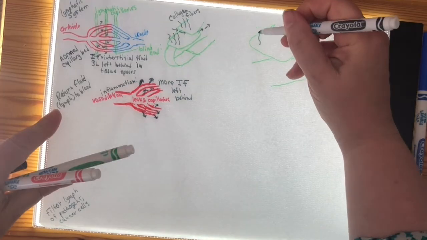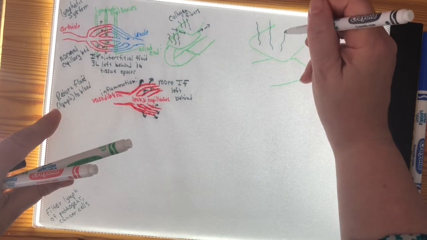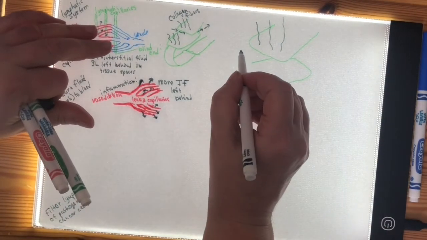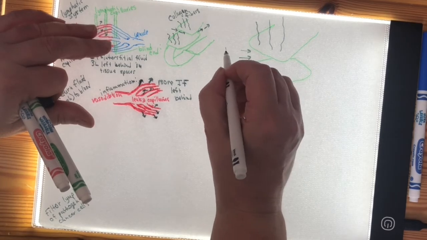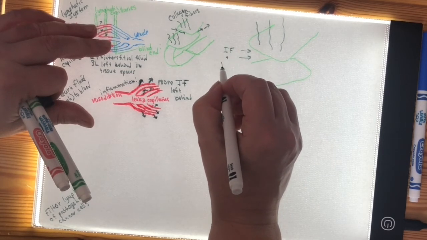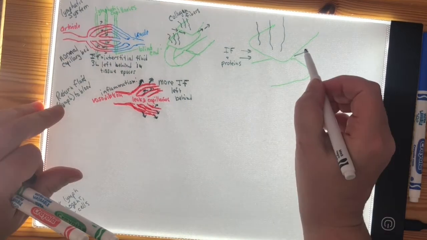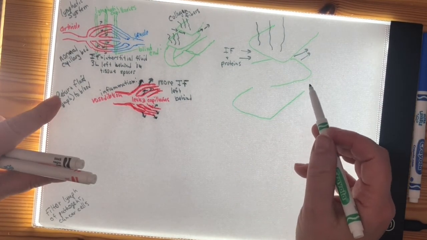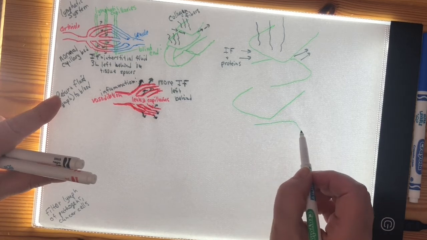So let's draw two different scenarios. We're just going to look at two of those underlying lymphatic capillary cells, and we're going to draw that mini valve that exists between them in a normal situation, where you have interstitial fluid and proteins entering in, some of the stuff that was left behind by the blood.